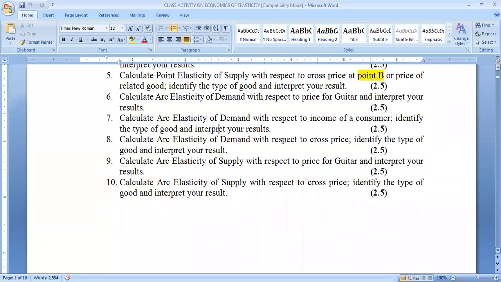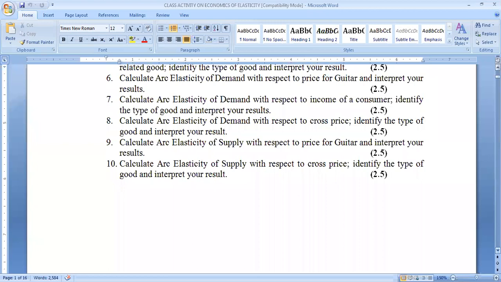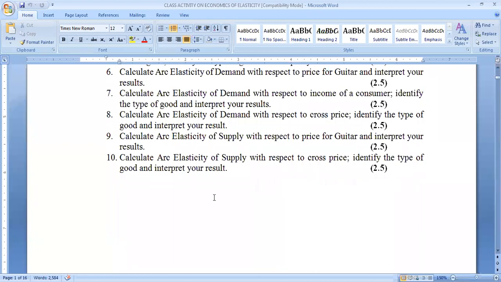In the previous class, I let you know what the function of arc elasticity is. Let me repeat my words again: arc elasticity is a concept of elasticity within which we find the elasticity of demand or elasticity of supply upon two or more than 2 points of any demand or supply curve.